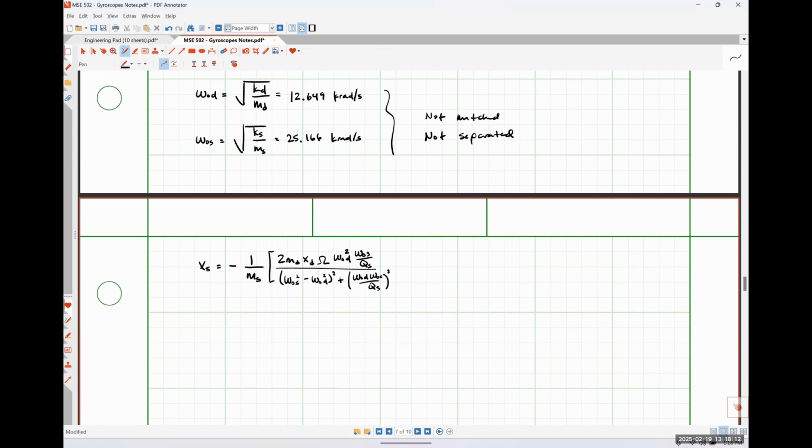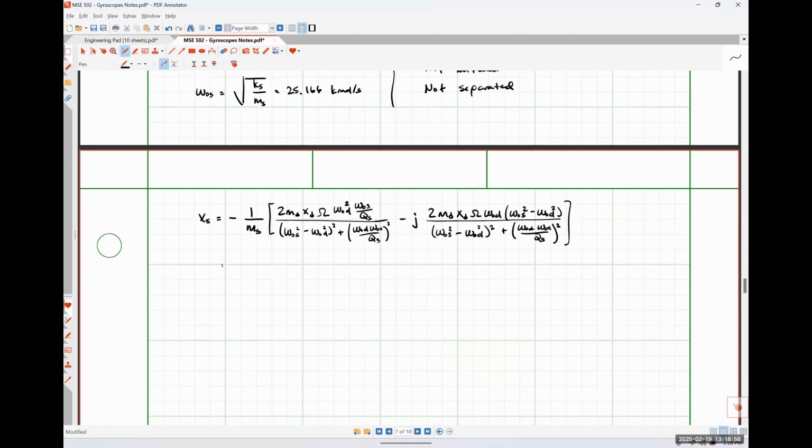Both of these terms should have been squared, minus j twice md xd capital omega naught d omega naught s squared minus omega naught d squared, all over omega naught s squared minus omega naught d squared quantity squared plus omega naught d omega naught s over qs squared. Close this thing off.